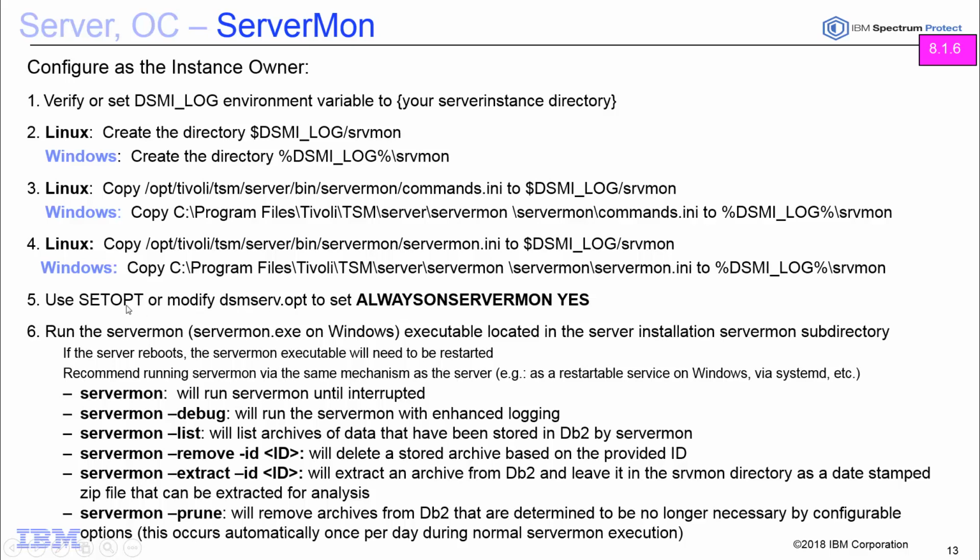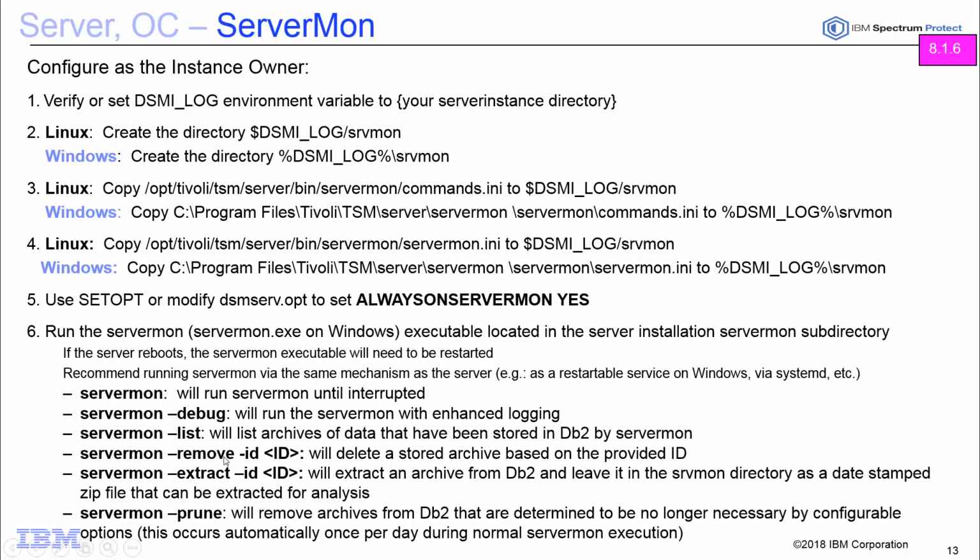Finally, you want to set up or modify your dsmserv.opt file to have ALWAYSONSERVERMON YES. And then you want to make sure that servermon is up and running. So preferably you'll make this so it runs continuously, using, for instance, the same mechanism as you do for the Spectrum Protect server, maybe as a restartable service on Windows or via systemd.